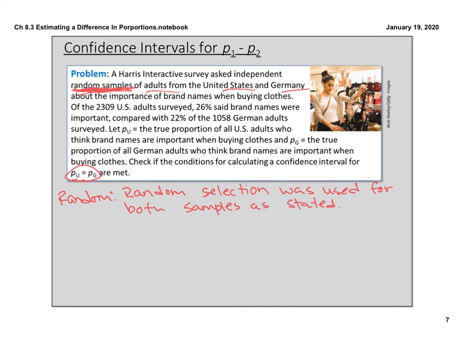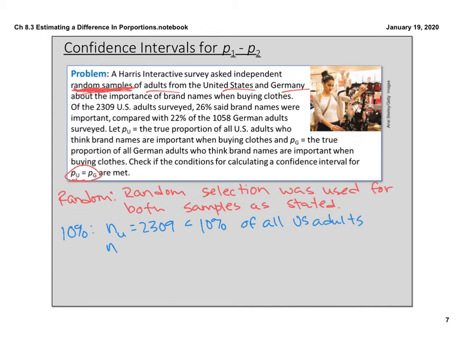10%. Okay, let's move on to the 10% condition. So for the first sample, my n for the United States is 2,309, which we can all agree is less than 10% of all U.S. adults.